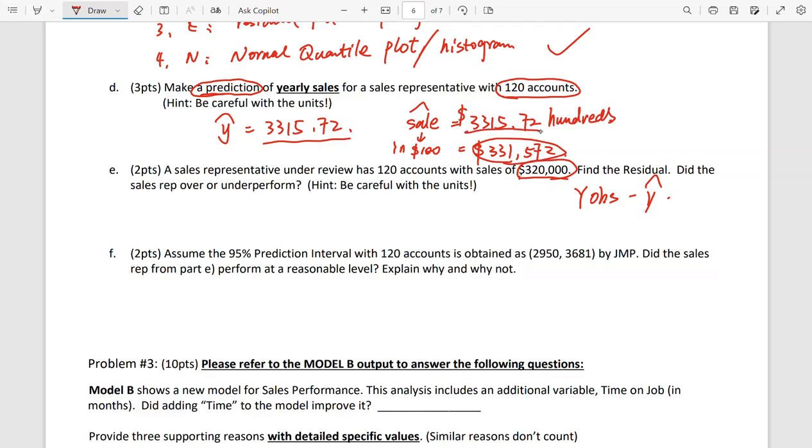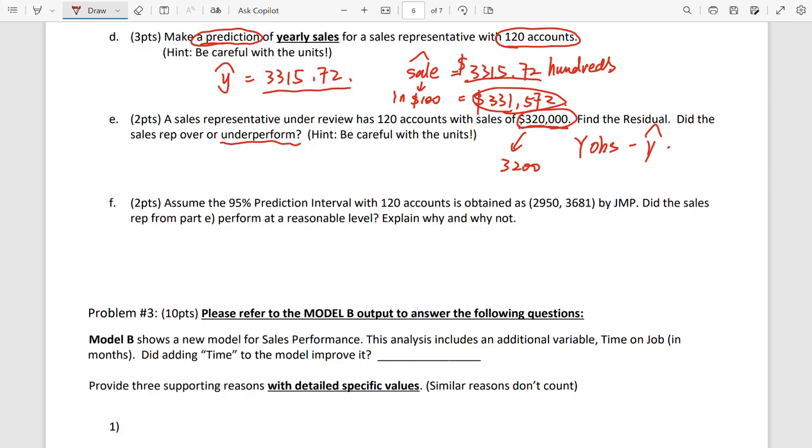Or if you use this one, that means you want to change this to 3,200 and then you take the residual, right? You need to keep the units the same. All right. Okay, so does the sales representative over- or underperform? We say the observed y is lower than the predicted y. So that means underperformed.